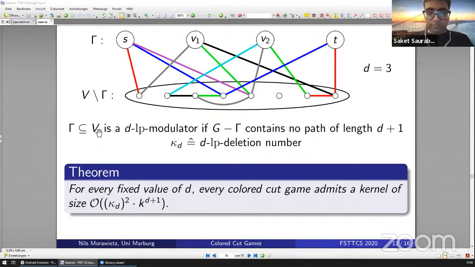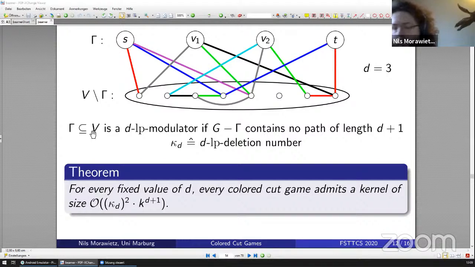We still have a lot of time, so if people have questions. Just as a side comment, since you are able to bound this modulator and you're bounding the path of length d+1, isn't this like a tree depth modulator? Actually, this was a corollary from this result.